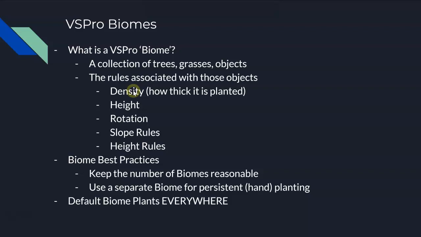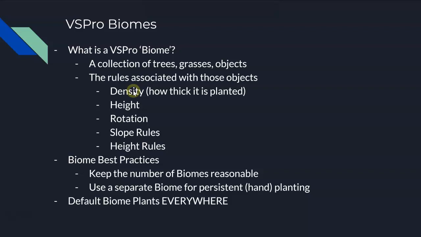And there's also this notion of a default biome. We'll see this in the VSPro. You might see it mentioned in Discord. A default biome plants everywhere. So as soon as you create a default biome and you add something to it, it ends up anywhere that you have a Unity or a VSPro terrain added to your scene.